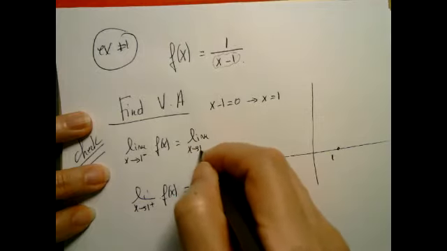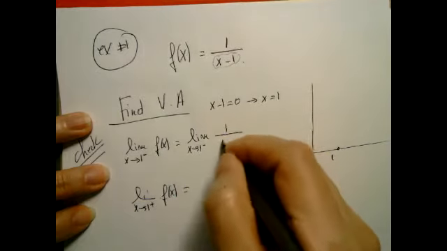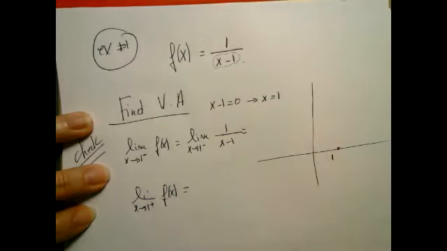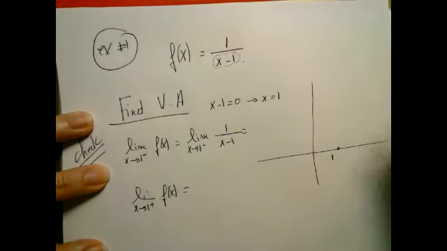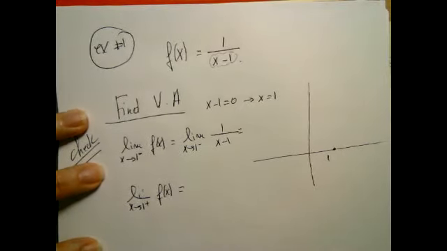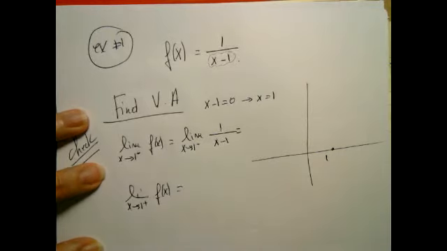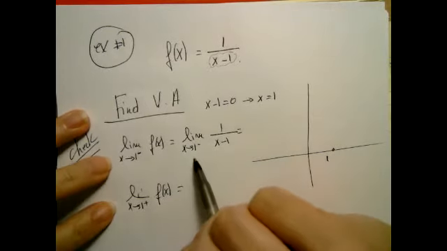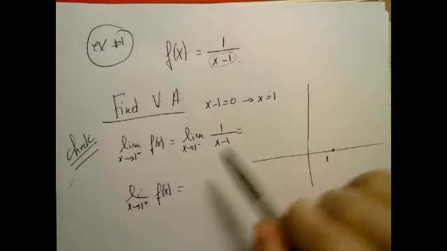When x becomes close to 1 from the minus side, we have 1 over x minus 1. At 1 it's not defined, so the question is, what's happening next to 1? That's really what I'm after. When x becomes close to 1 from the negative side, what's going to be the limit?